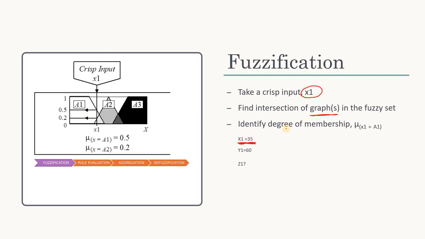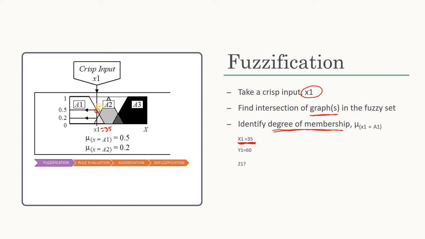Then we identify the degree of membership. Where is the intersection of x1 with a1? It will be somewhere around here, and this goes to the degree of membership that we have here, 0.5.